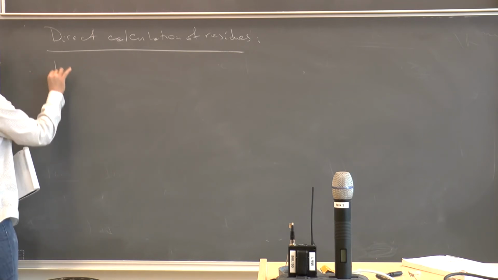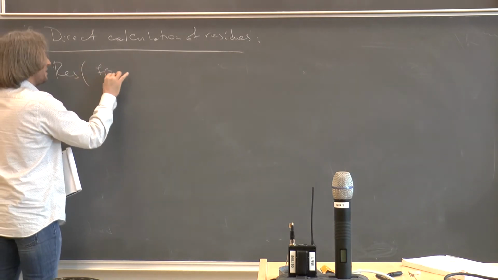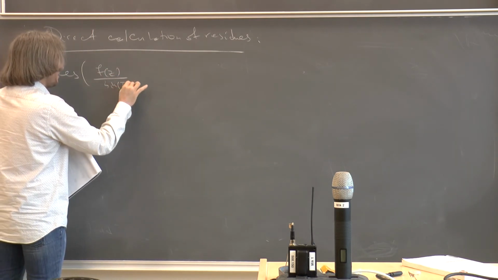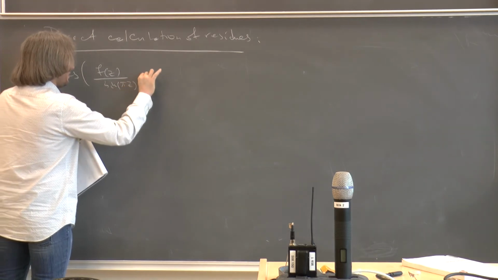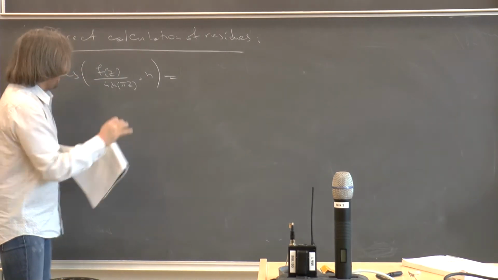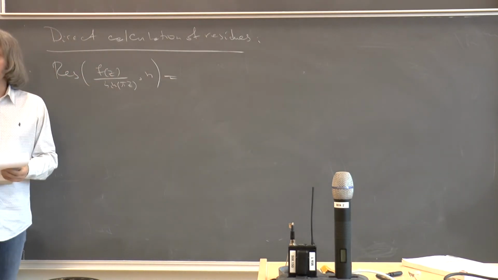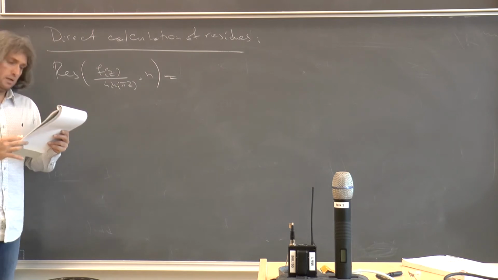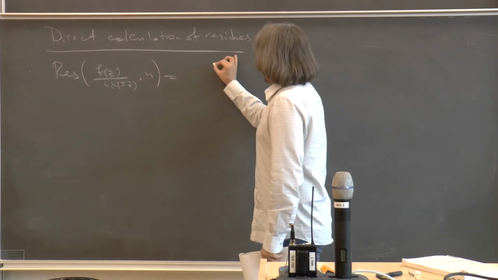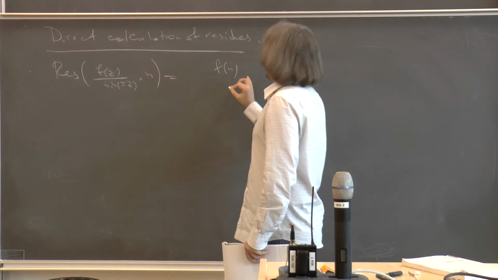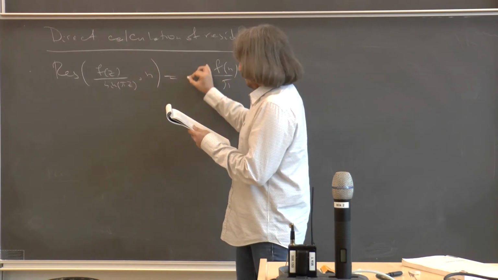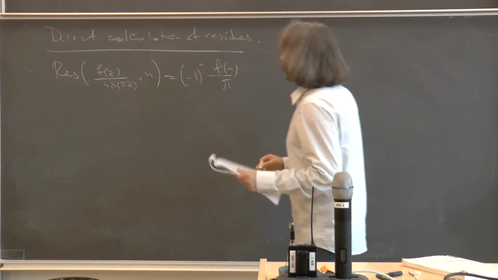For f of z over sine pi z at the point n, where f is holomorphic and it's a simple pole, we know that the residue is expressible via the value of the function, and indeed it's f of n over pi, times minus 1 to the n.